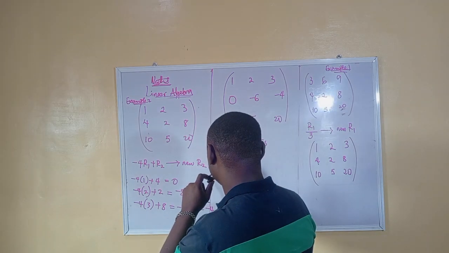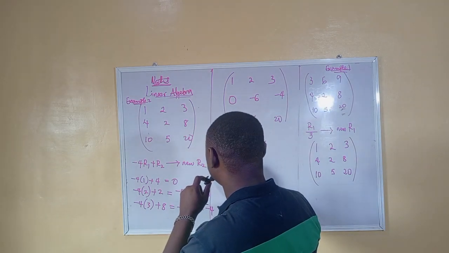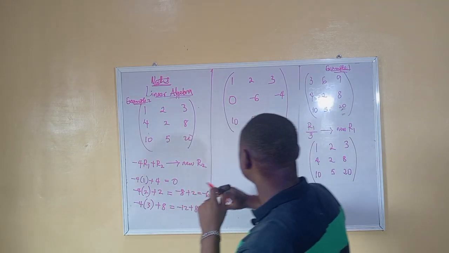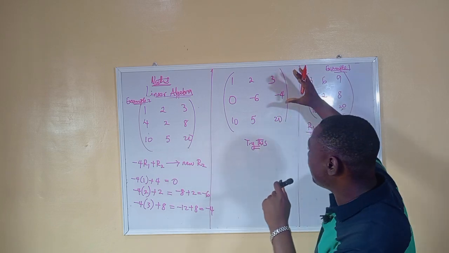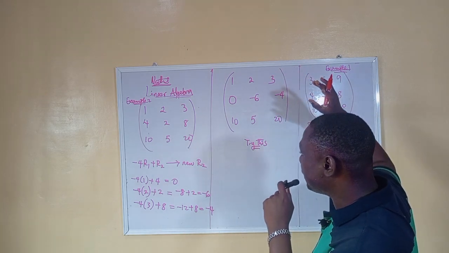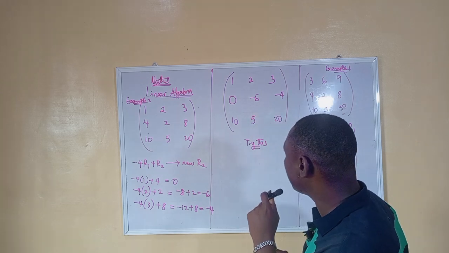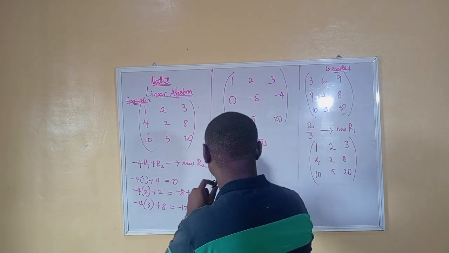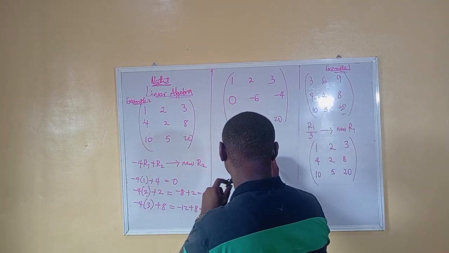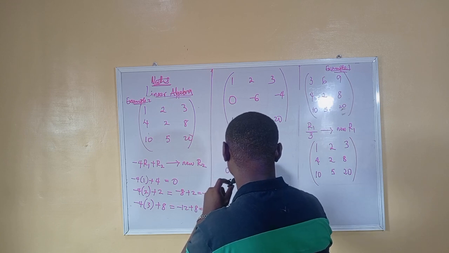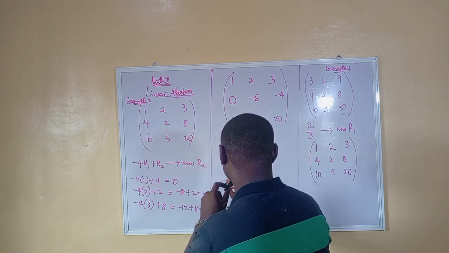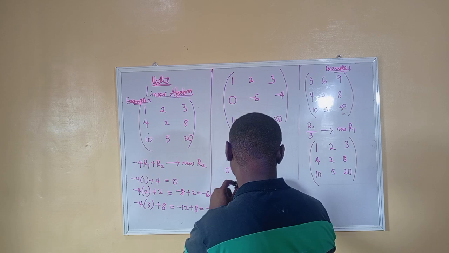I want you to work on this question. Let's still work on this question. So you have 1, 2, 3 here, 0, -6, -4, 10, 5, 20.